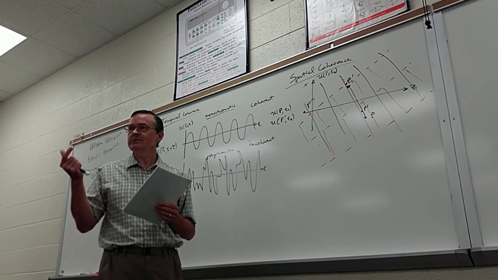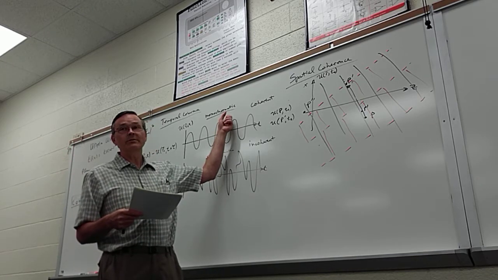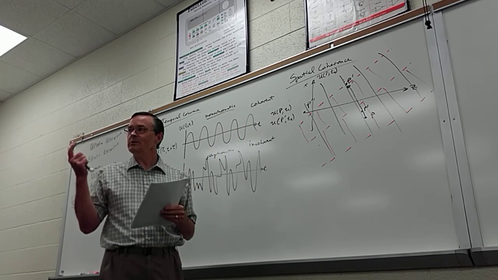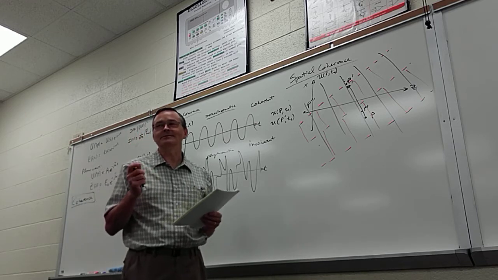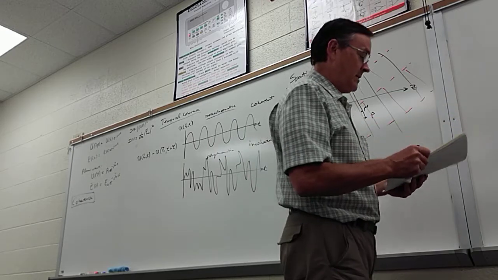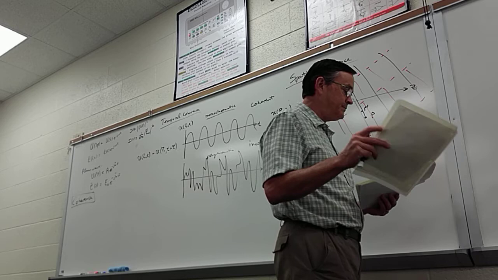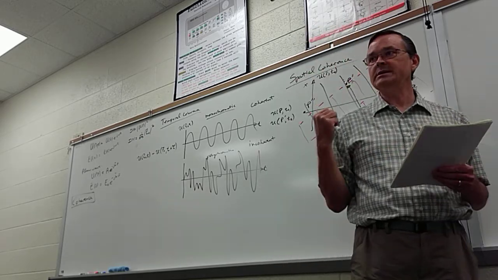So we'll have 2 trivial algebraic equations that will encapsulate temporal coherence and spatial coherence. And with this mental model and those 2 little equations, we can do pretty much anything involving coherence. It's awesome. So that's what we want to develop today. So let's first of all develop our quantitative description now that we've done a qualitative description.